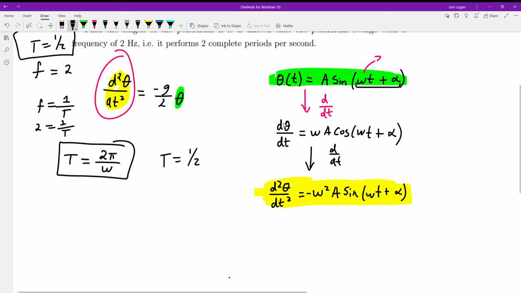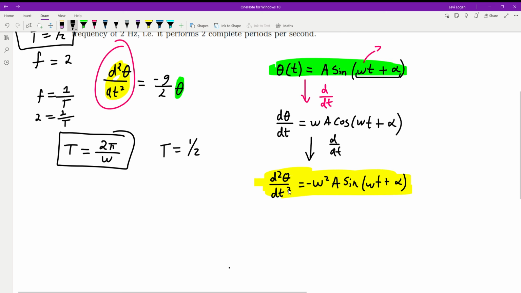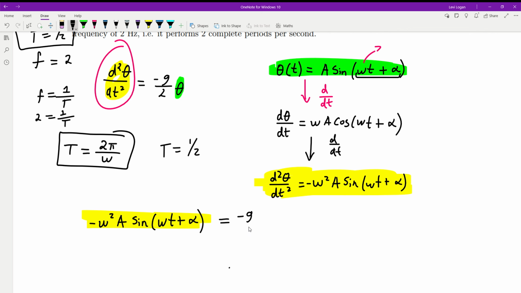So what we're going to do now is substitute these bits and pieces into our differential equation. So we're going to get negative omega squared, A sine of omega t plus alpha, so this is my yellow bit, is equal to negative g on L and theta, so A sine of omega t plus alpha, and this is my green bit here, just this bit.